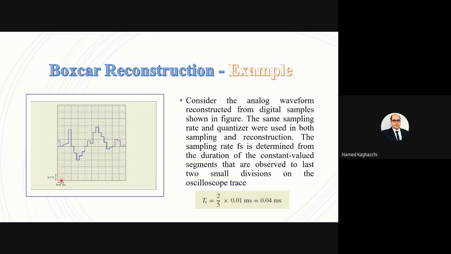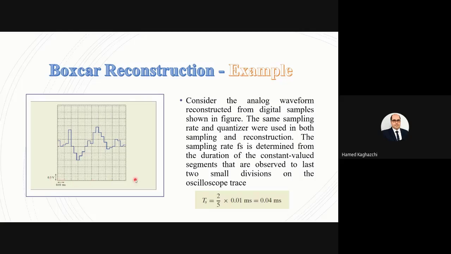Now, if you look at here, the large division in the horizontal axis is 0.01 milliseconds, and in the vertical axis 0.5 volt.